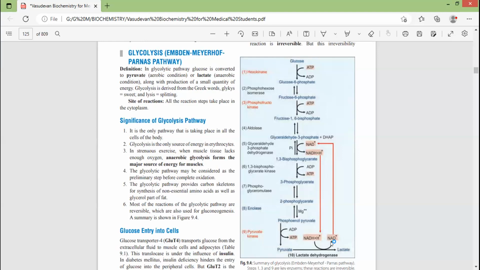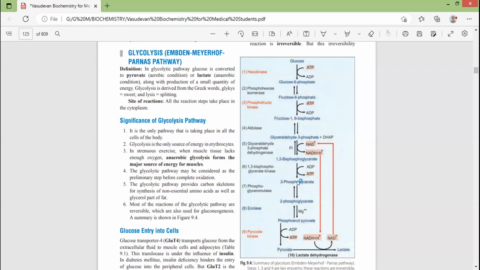Then those 2 ATP molecules are done, we will use that ATP. The other thing that it does produce, as highlighted here, is this NADH.